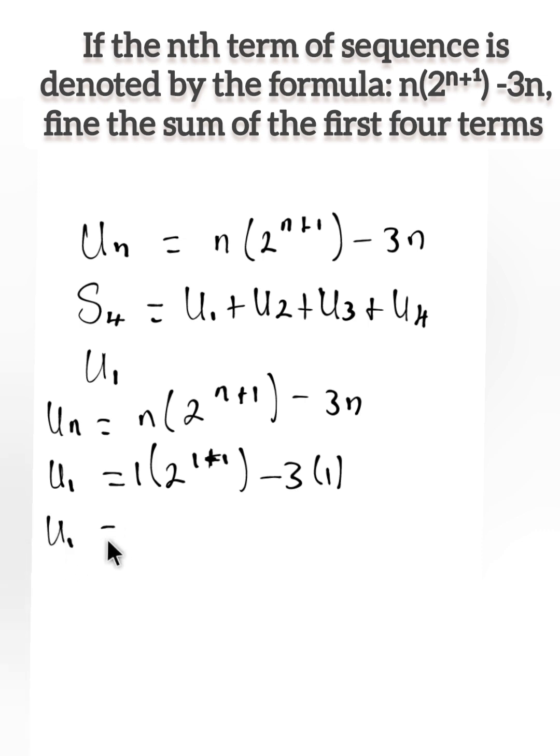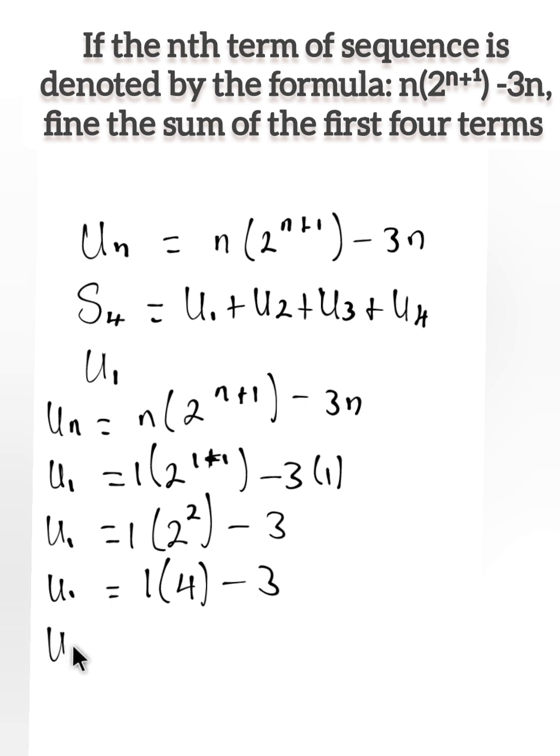So U1 is equal to 1 times bracket 2 to the power 2 minus 3. 1 plus 1 is 2, and 3 times 1 is 3. U1 is equal to 1 times 4 minus 3. So U1 is equal to 4 minus 3. U1 is equal to 1. So the first term is equal to 1. Let's move over to the second term, U2.